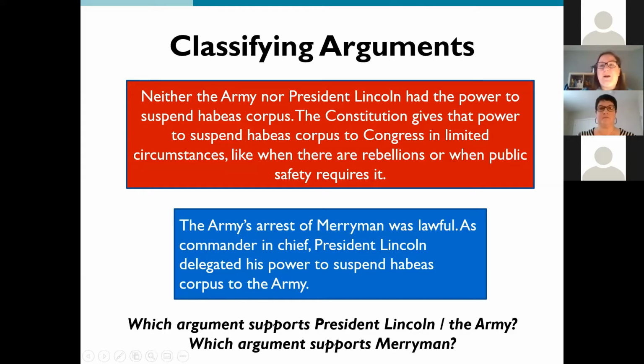So in the chat box, take a look again. One thing I can ask you to do is, in the chat box where it says to all panelists and attendees, tell me, does the red argument support Lincoln or Merryman?